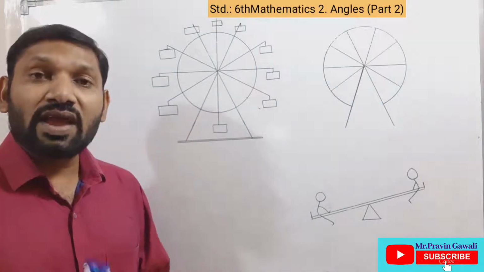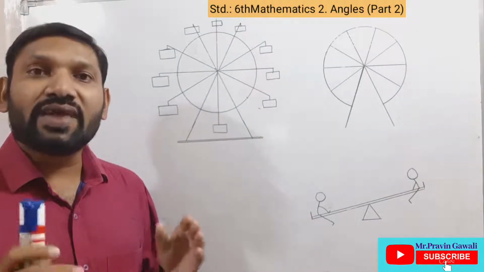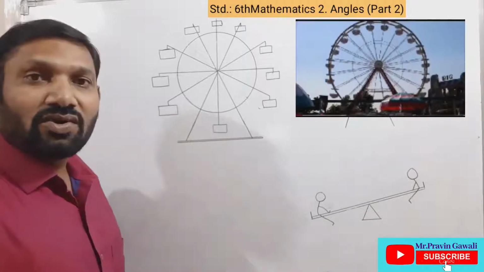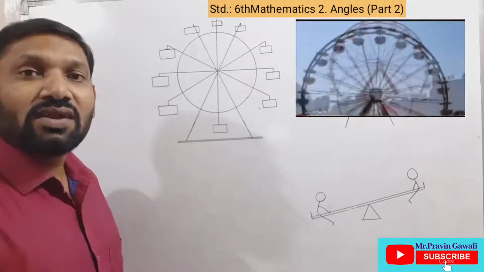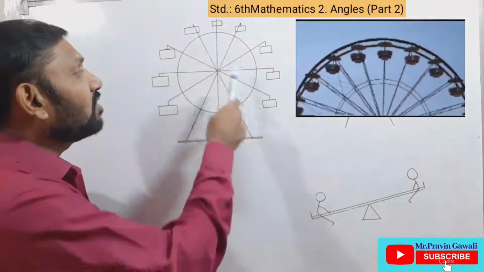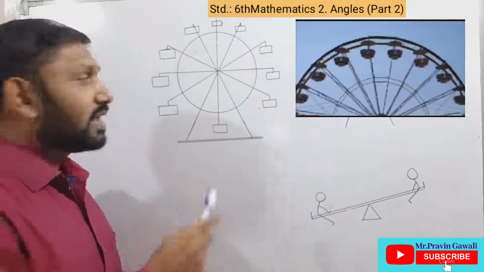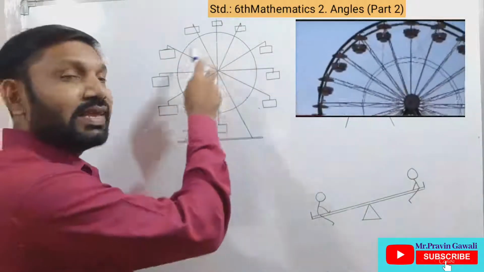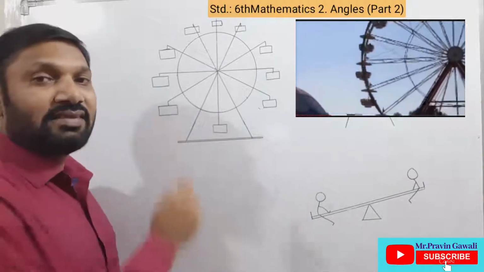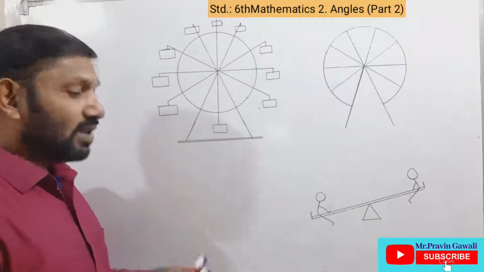If you have ever been to a fair, you do see this. What do we call it? We call it a giant wheel. In this giant wheel we see the rods come together making a point, as well as making some angles here. So we have to identify the angles here. Okay students, let's start.